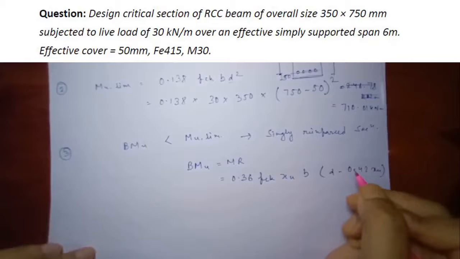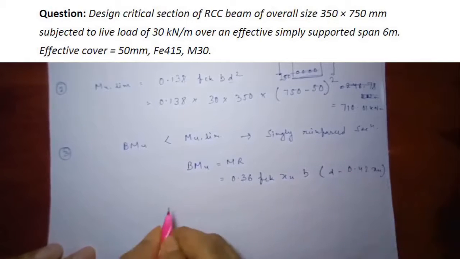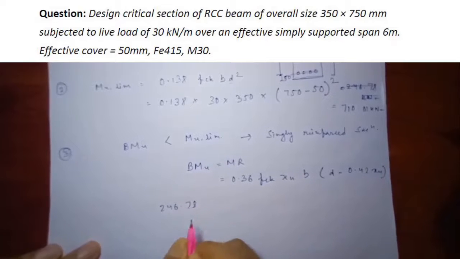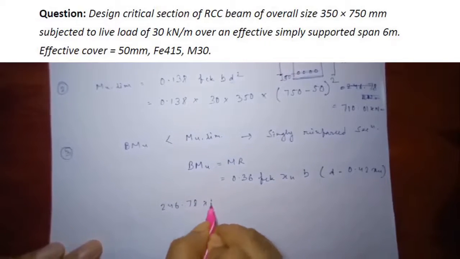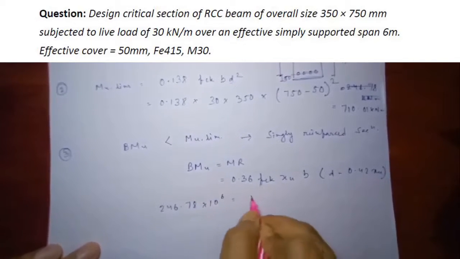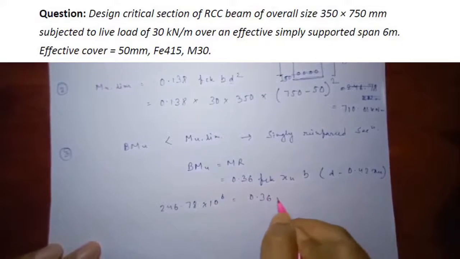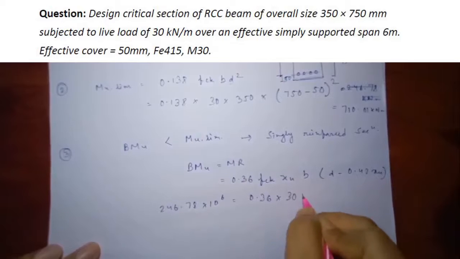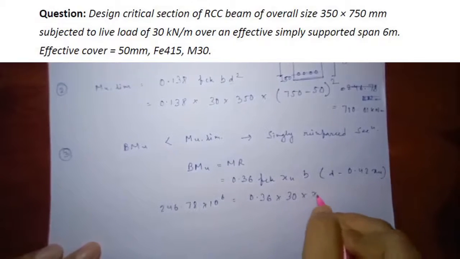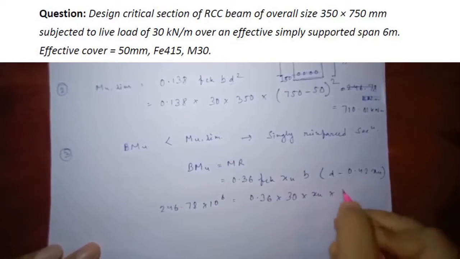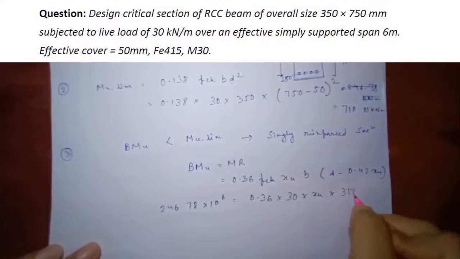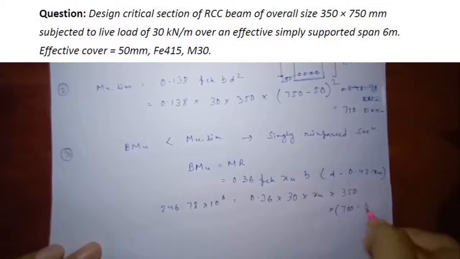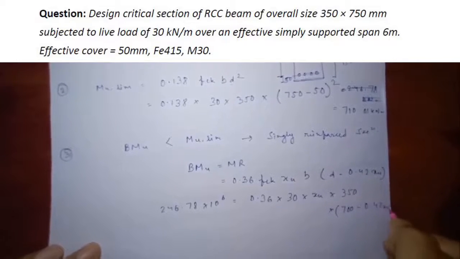And now BMU is 246.78, as it is in kilonewton meter, I will multiply 10 to the power 6, and that is equal to 0.36 FCK is given by 30, XU we have to determine, and B is 350, and multiplied by 700 minus 0.42 XU.